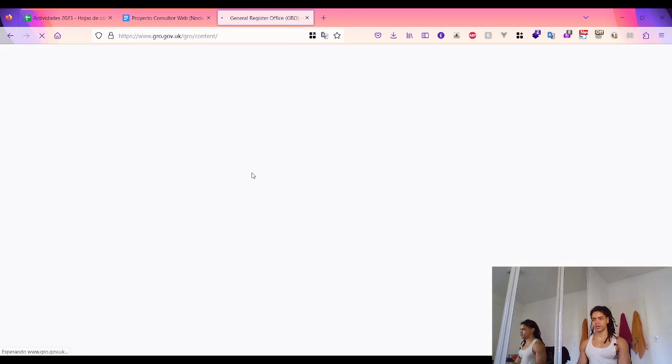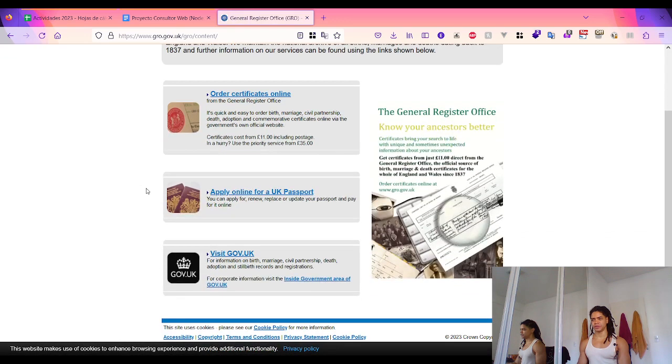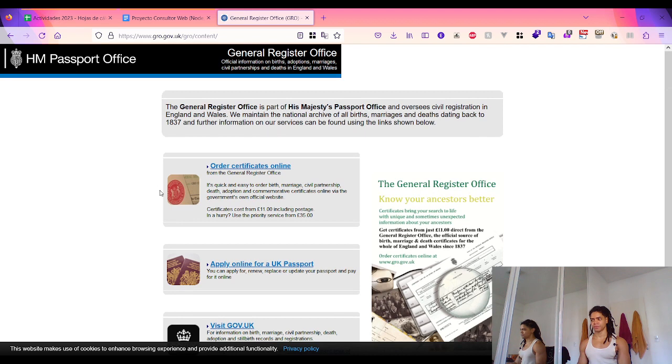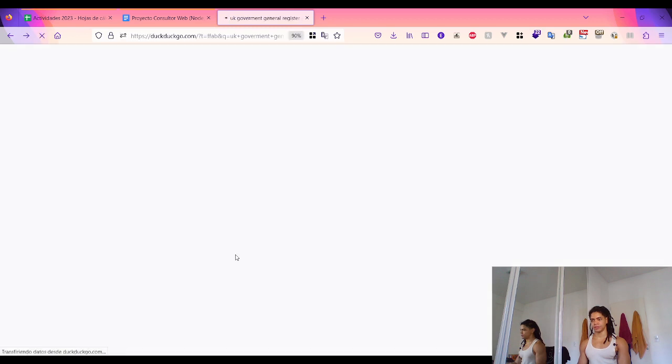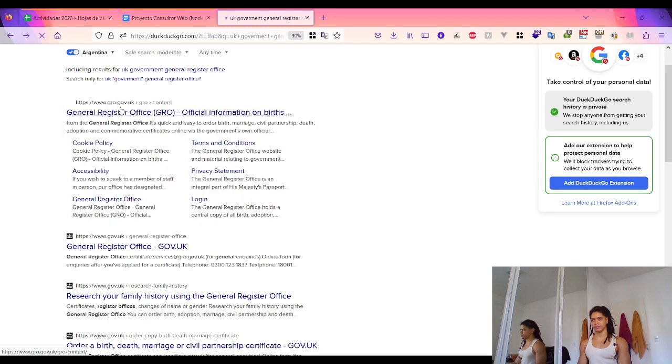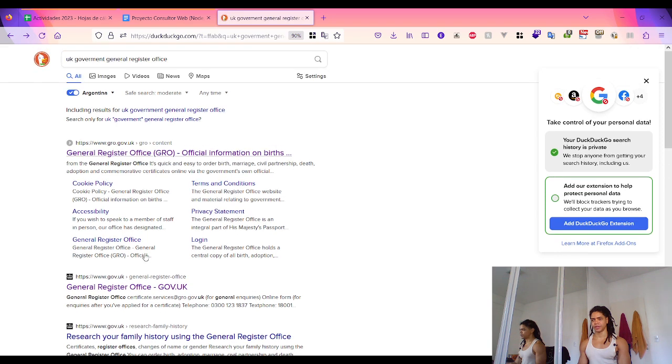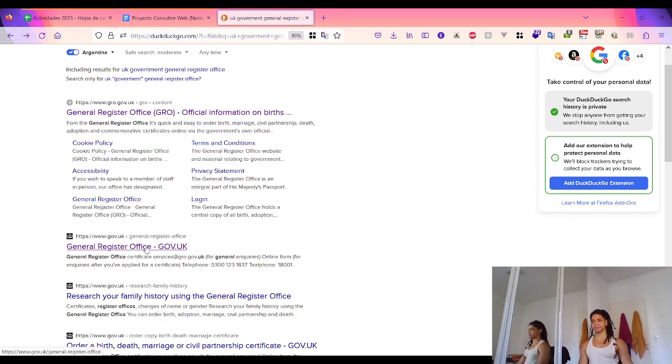You got here a reverse-engineered website. This is an attack, by the way. Order certificate online, apply online UK, but they redirect that to that. Apply online for UK passport, visit gov.uk. Oh my god, this site looks suspicious. And this is from the government?